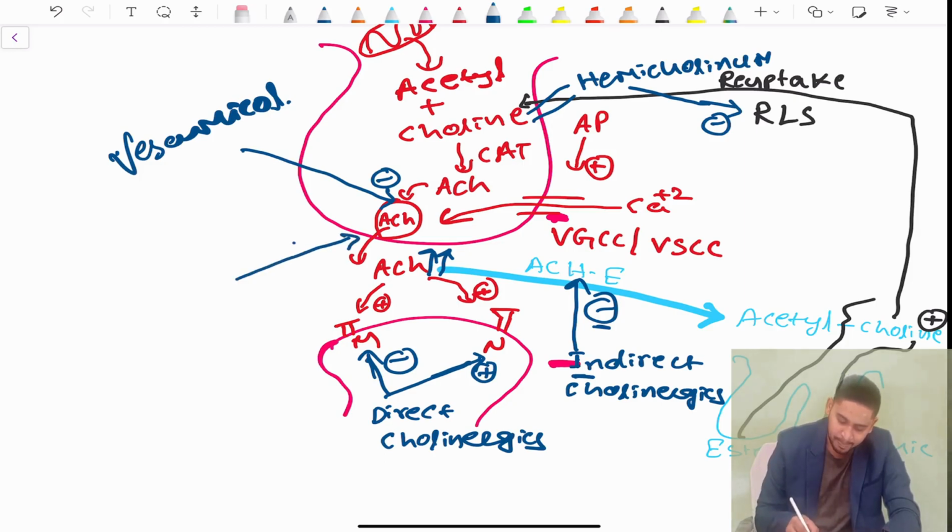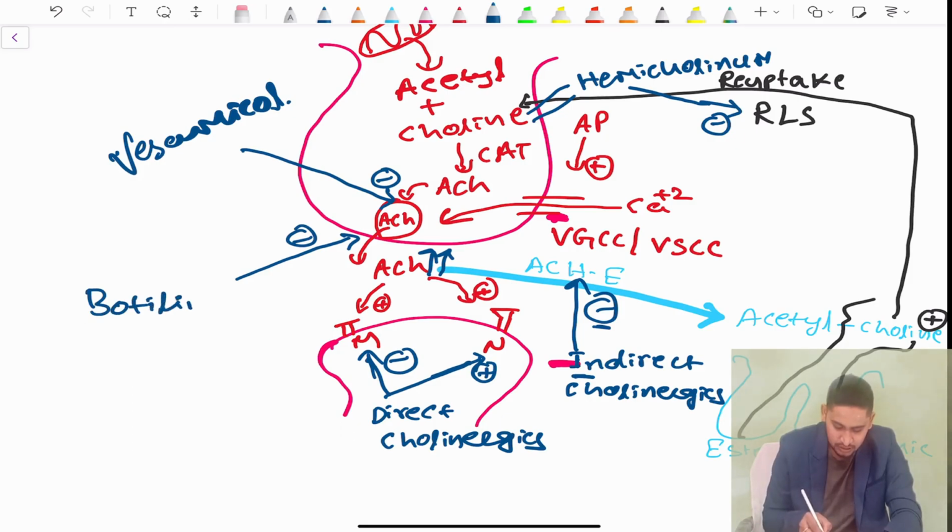And a toxin directly blocking the release of the acetylcholine is called botulinum toxin.